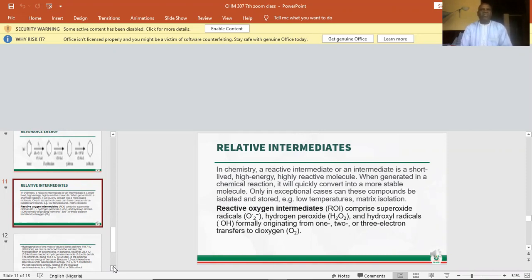It's like the excited state of an atom or molecule. It is short-lived, high in energy at that stage, and very reactive. When generated in a chemical reaction, it will quickly convert into a more stable molecule.